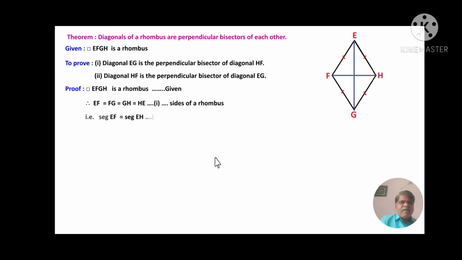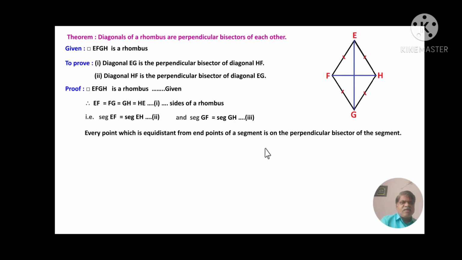That is segment EF is equal to segment EH. Second one. So third, also we can write segment ZF is equal to segment ZH. Third statement. Every point which is equidistant from the endpoints of a segment is on the perpendicular bisector of the segment. This is the perpendicular bisector theorem.